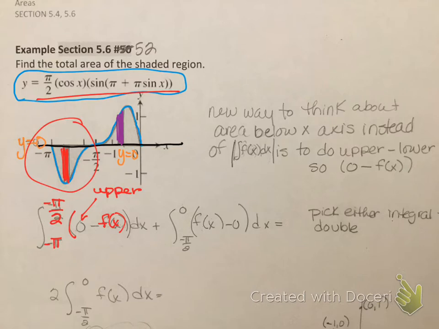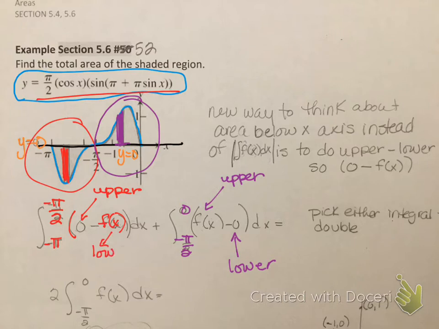Let's now do this integral right here. I'm going from negative pi over 2 to 0. Upper is this. Lower is this. Just like over here, this was my lower. And I want to get these zeros out of here.